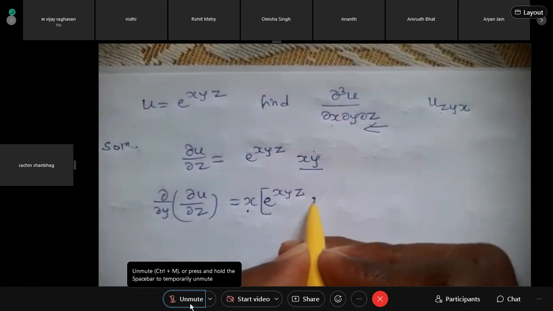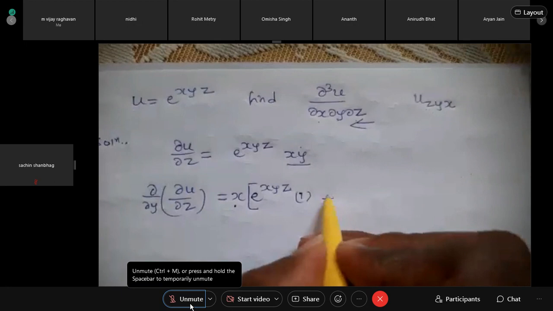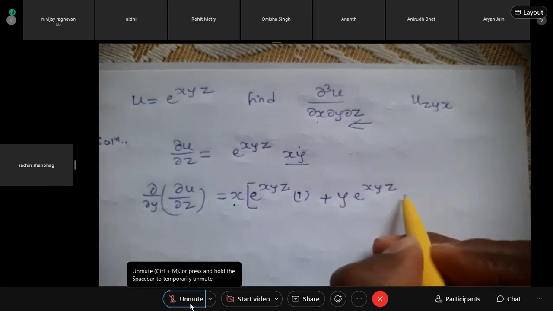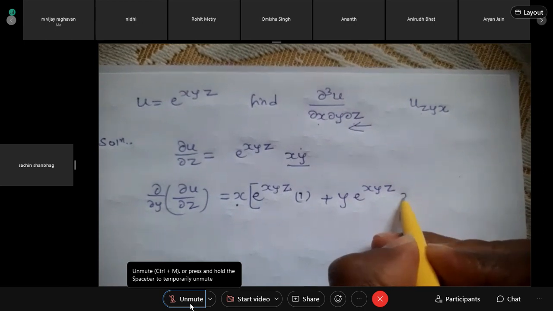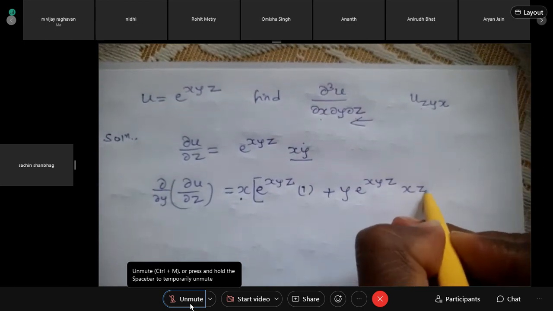Differentiation of y with respect to y will become 1. Plus y into differentiation of e power xyz, which is e power xyz into differentiation of the interior term, xz.